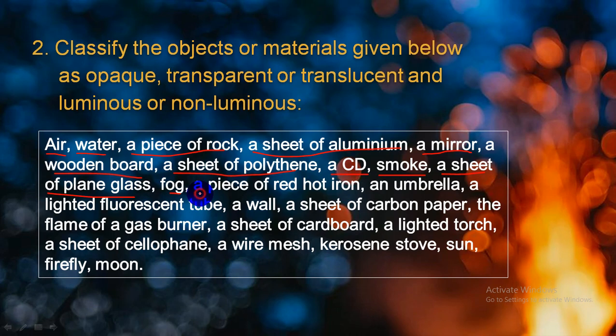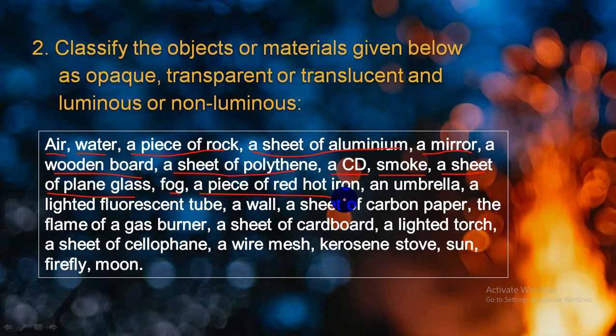A piece of red hot iron. If you provide heat to the iron rod, slowly and gradually it becomes red hot. So the answer should be luminous, because when the iron becomes hot, it acts like an LED bulb.